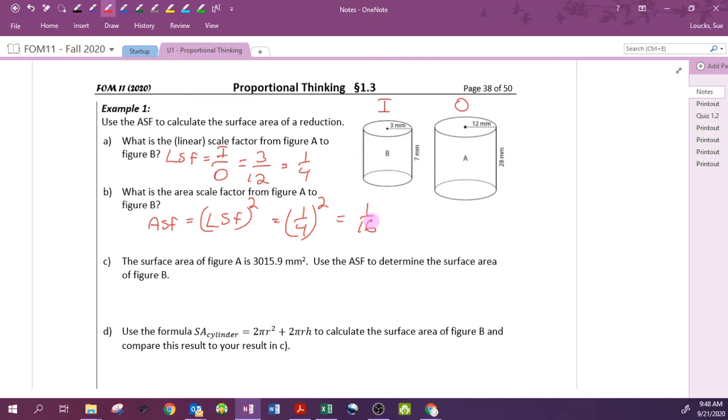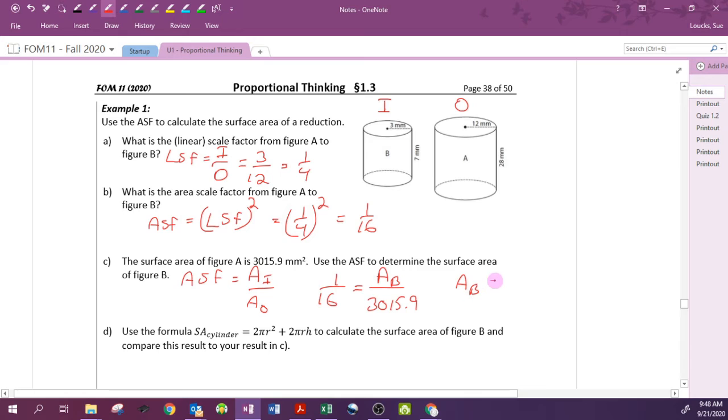The surface area of figure A is 3,015.9 millimeters squared. Use the area scale factor to determine the surface area of figure B. So area scale factor is the area of the image over the area of the original. I know my scale factor is 1 over 16, so that equals the area of B over the area of A, which is 3015.9.